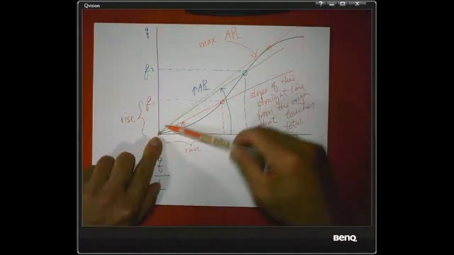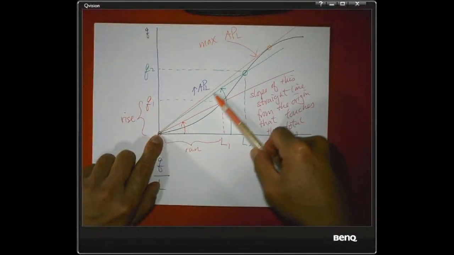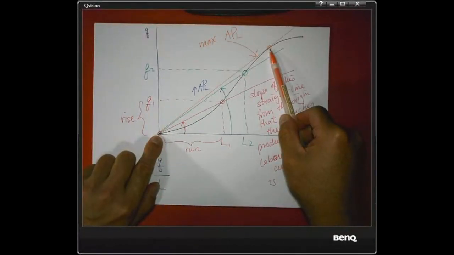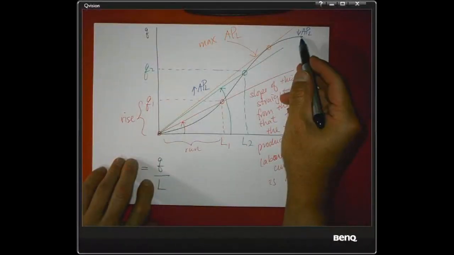So in other words, the average product of labor will be rising all the way up to this point to reach the maximum. And beyond this point, the average product of labor will be falling again.